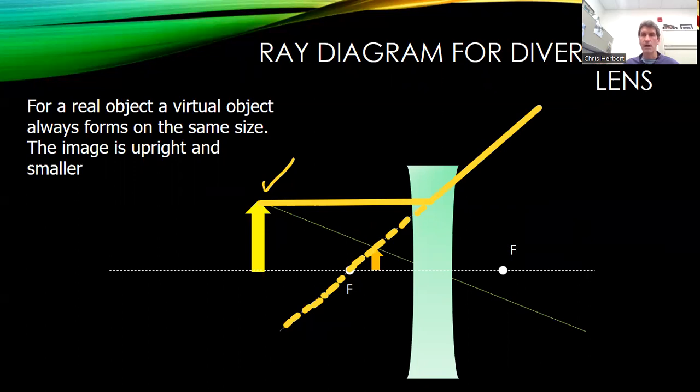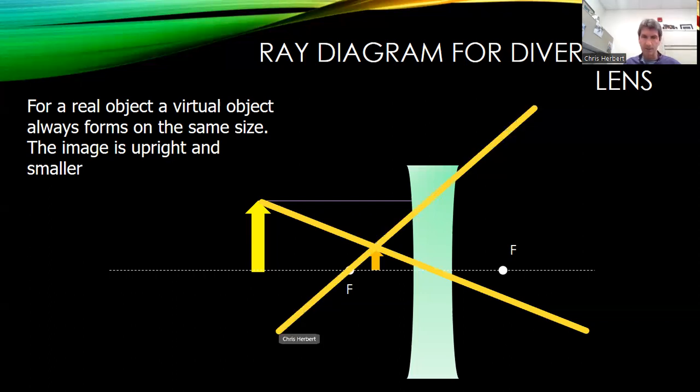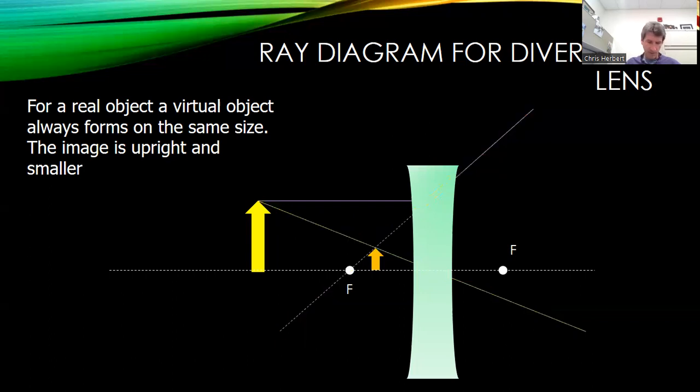A parallel ray will refract in such a way that it passes through the focus, but the focus is negative here, so we have the focus behind the lens. And then, of course, this one's easy. This one goes through the optical axis at the location of the lens. That just goes through unrefracted, and the intersection of those two gives you the location of the image. So the image here is right side up, but its magnification is less than 1.